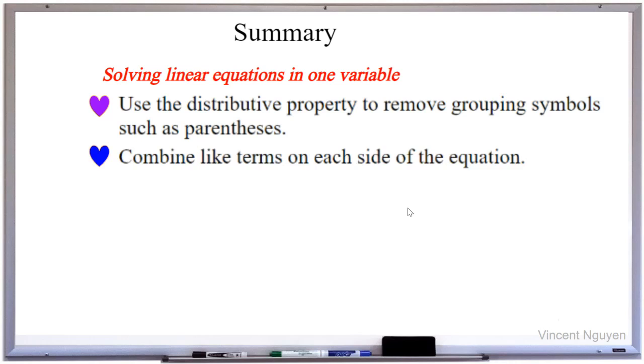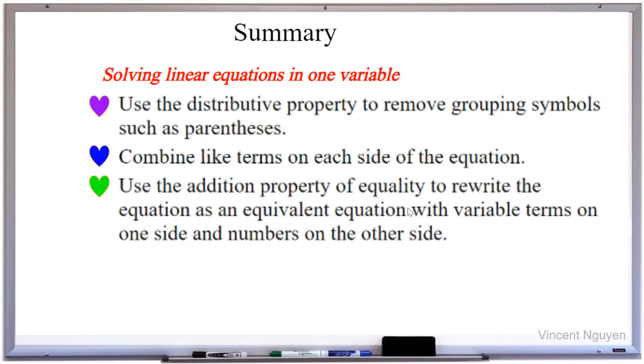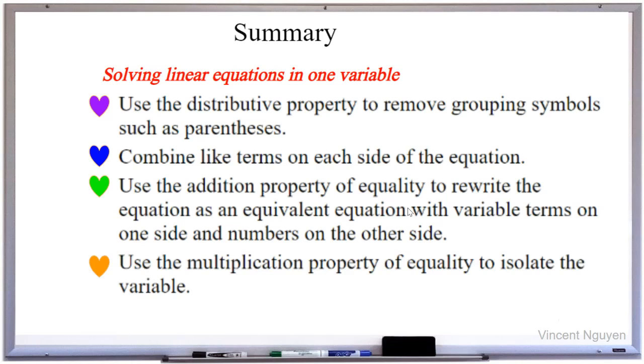And then you have to combine like terms. If there are like terms on each side of the equation, you have to combine them just to make your equation shorter. Then we use what we call inverse operations. If we add something to both sides, we add on both sides. If we're going to do subtraction, we have to subtract on both sides. And then we can do inverse operations on multiplication or division.